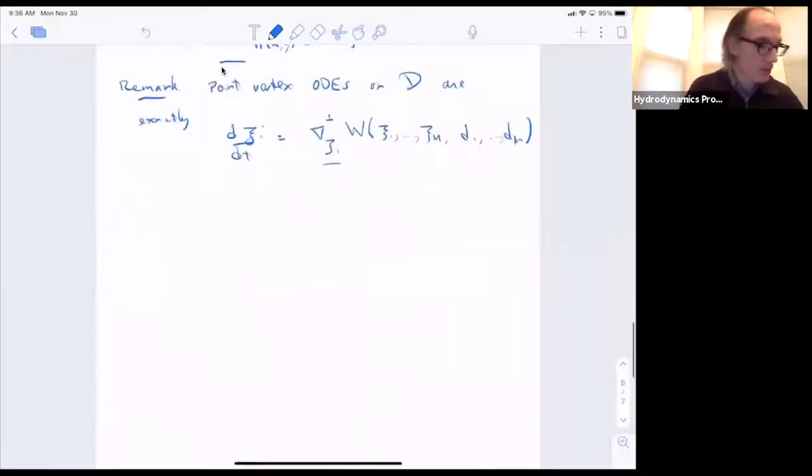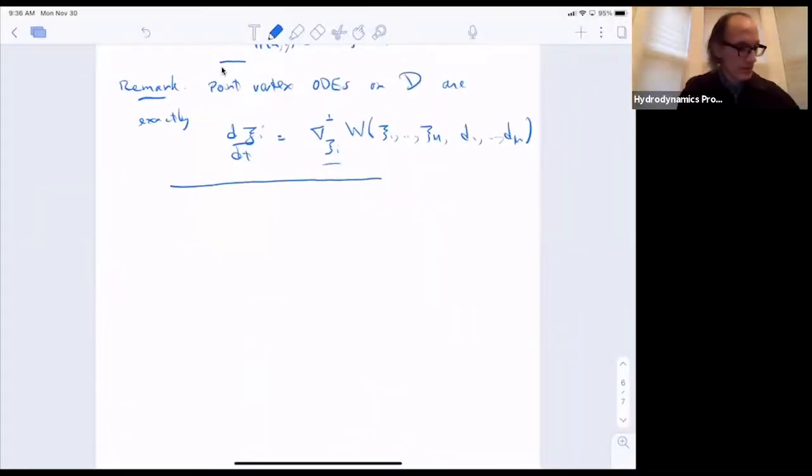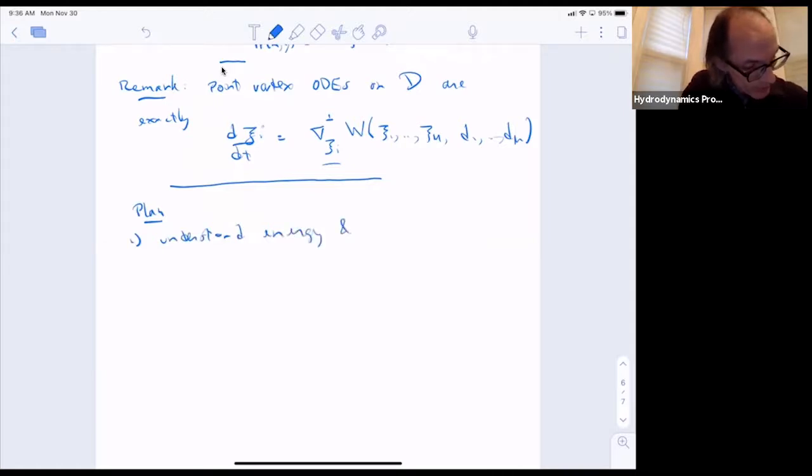Okay, and so the plan is to understand energy and vorticity, and so elements of the above theorems.